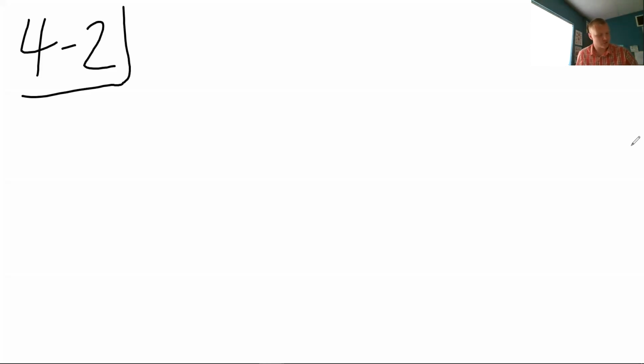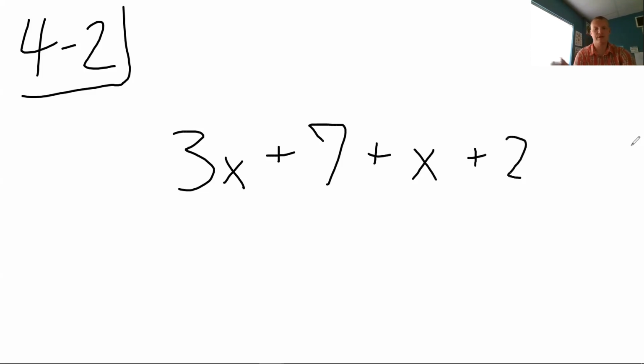When addition or subtraction signs separate an algebraic expression into parts, each part is called a term. I'm going to use their example: 3x plus 7 plus x plus 2. Each of these sections is separated by an addition sign, and it can be separated by a subtraction sign as well.